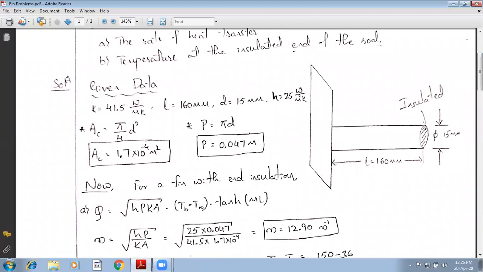Sometimes he may also ask for the temperature at a distance 1/4 of the fin. At that point, the value of x will be L by 4. Sometimes he may ask at a distance L by 2. At that point, x will be L by 2.